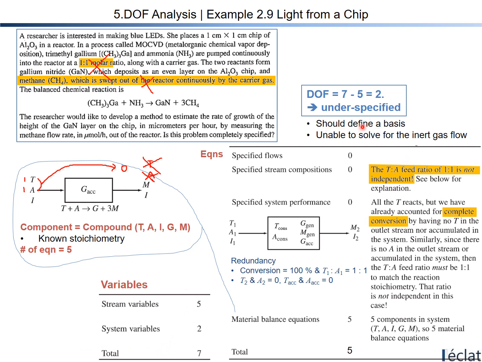There is no basis. It means you should determine the size of this MOCVD reactor, so you should define a basis, right? So after defining the basis, you do have 1 specified flow. So right now 5 is going to 6.